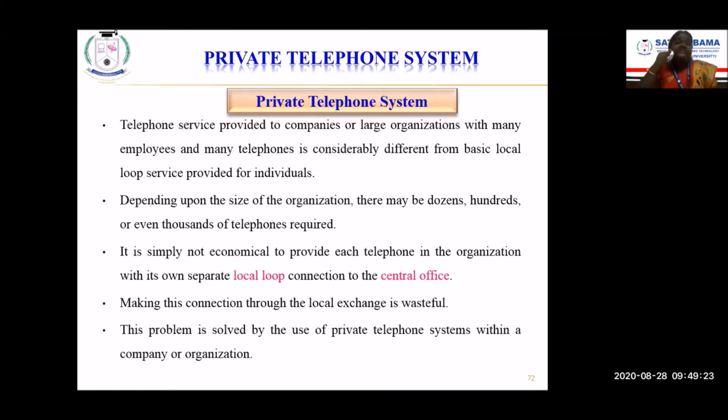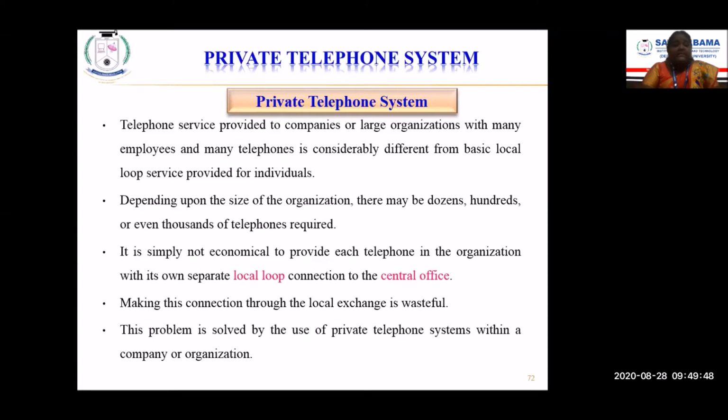And the private telephone system. The telephone service provided by companies or larger organizations with many employees was considerably different from the services provided at the local level, which are provided directly to individuals. Depending upon the size of the organization, there might be dozens, hundreds, even thousands of telephones connected in that locality.